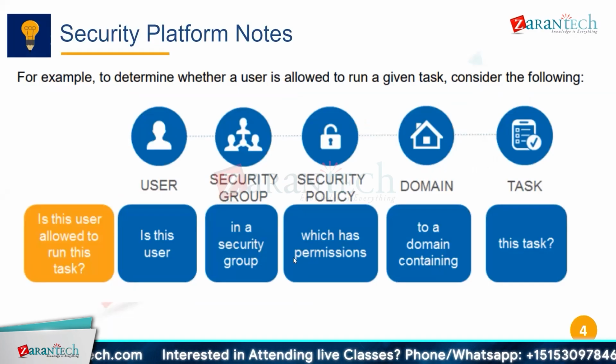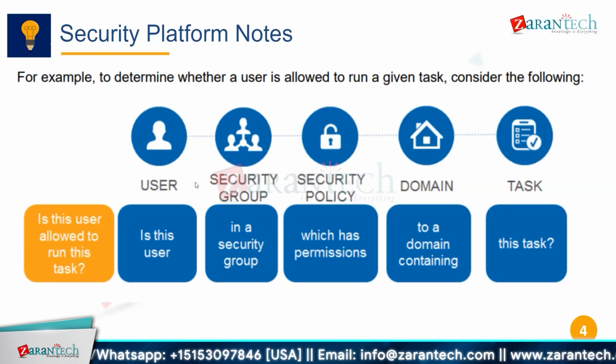So for example, to determine whether a user is allowed to run a given task, consider the following. Is this user allowed to run this task? Is this user in a security group which has permissions to a domain containing this task? Whenever you're asking about a particular task, you'll have to consider the username, the security group that it's part of, the security policy, the domain, and the task.